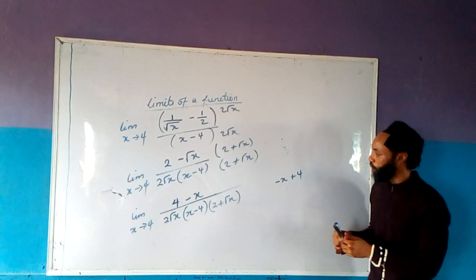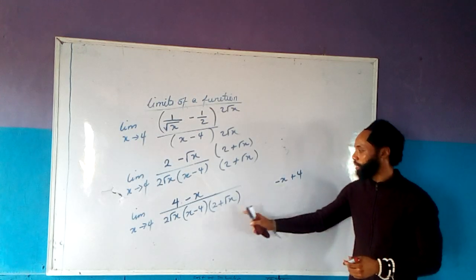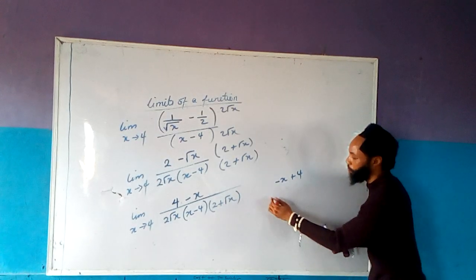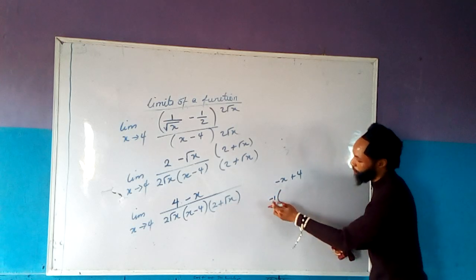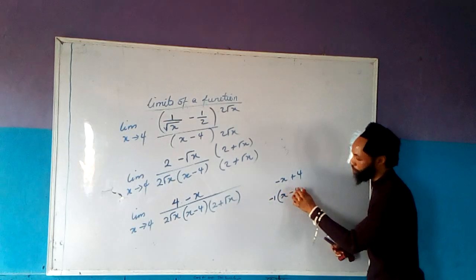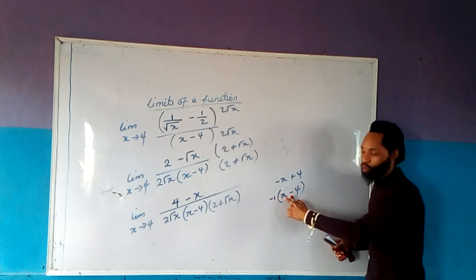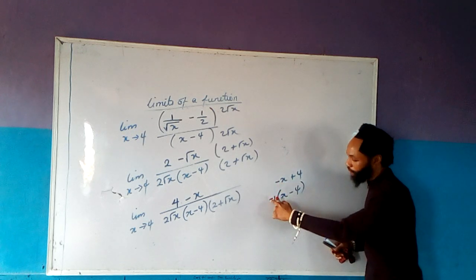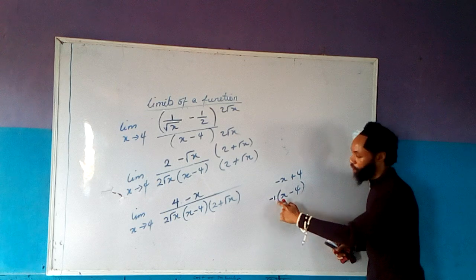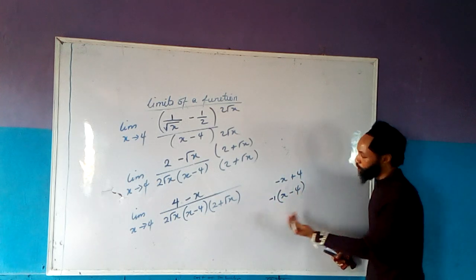Now I can factor a negative 1 so that I can get something that will cut out this. If I bring out the negative 1, what will I get? X minus 4. Negative 1 times x is negative x. Negative and negative is positive. 1 times 4 is 4. So this is what I will write.